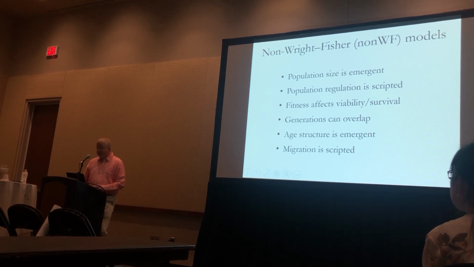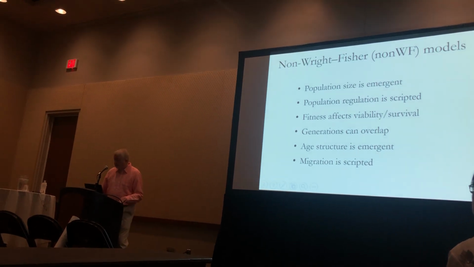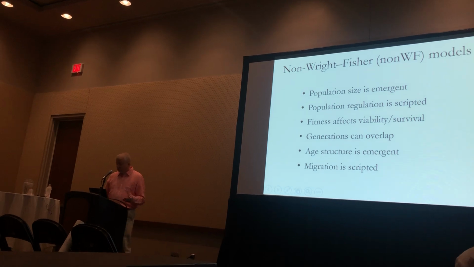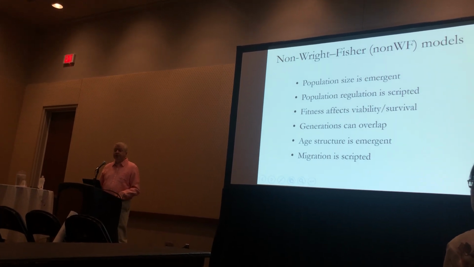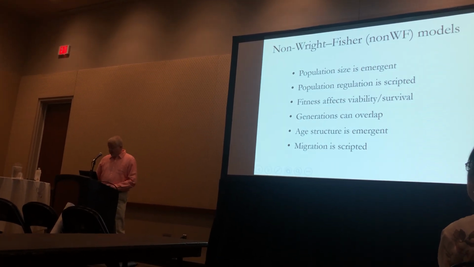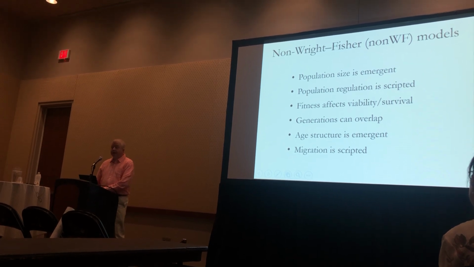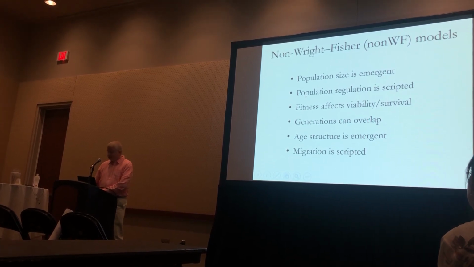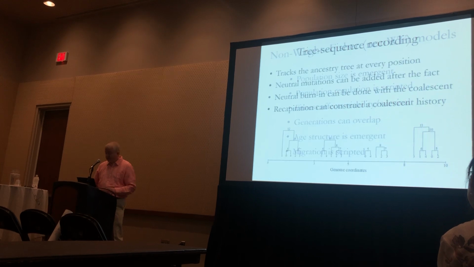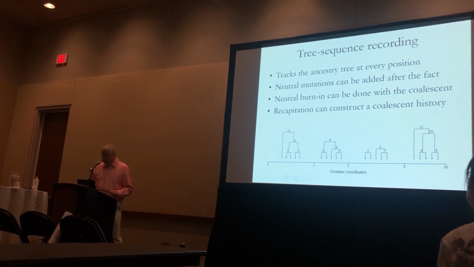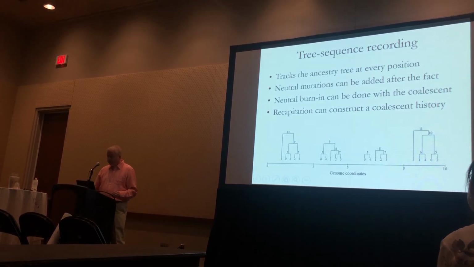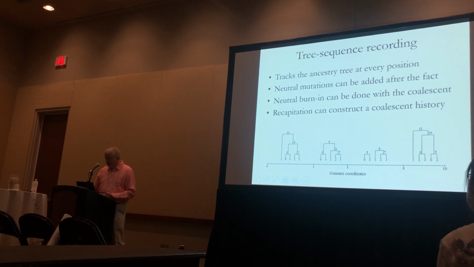So together, all of this basically means that non-Wright Fisher models are more individual-based, more emergent, and more biologically realistic in general. And so the ability to create non-Wright Fisher models in SLiM greatly increases SLiM's flexibility and generality. Okay, tree sequence recording is the third new feature and probably the most complicated aspect of SLiM.